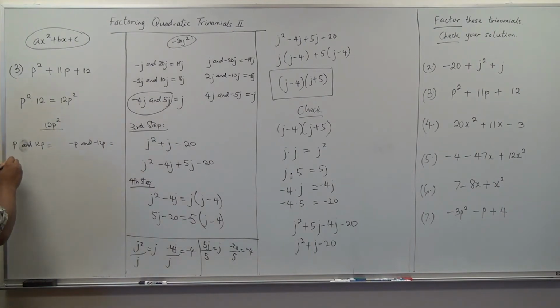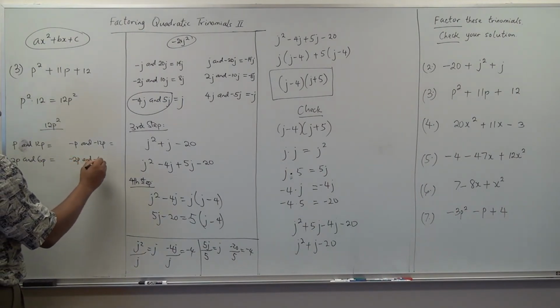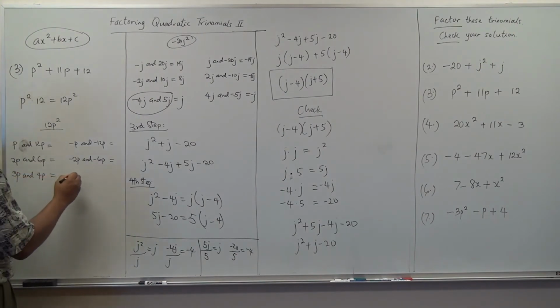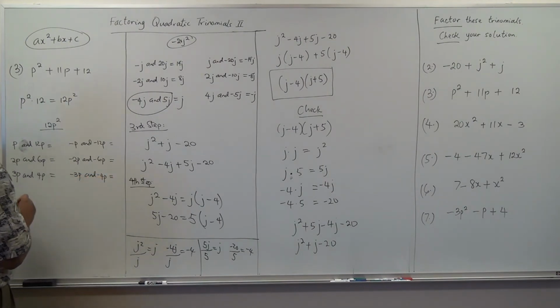So the next thing, we have 2p and 6p. Then we have negative 2p and negative 6p. Then we have 3p and 4p. Then we have negative 3p and negative 4p. Then we have 6 and 2 as another one.